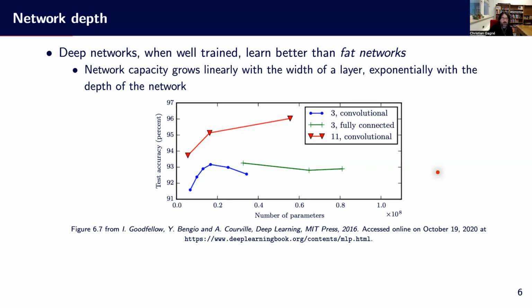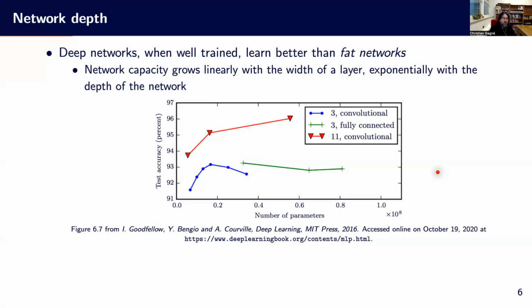So what we know is that the network capacity grows linearly with the width of a layer. So if we add more neurons on a layer, we will make it grow linearly in terms of capacity, but exponentially in terms of depth. If we keep the same number of layers and just double the number of neurons on each layer, the capacity of such a network will be doubled, more or less.